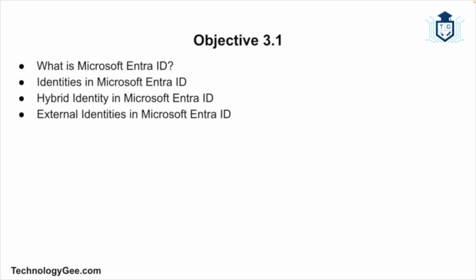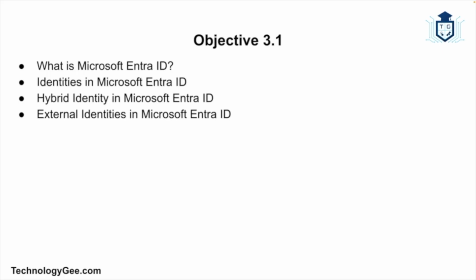So in conclusion, Microsoft Entra ID is a powerful identity and access management solution that supports diverse identity types and scenarios. By understanding the functions of Microsoft Entra ID and the types of identities it manages, organizations can achieve robust security, seamless access, and efficient collaboration.